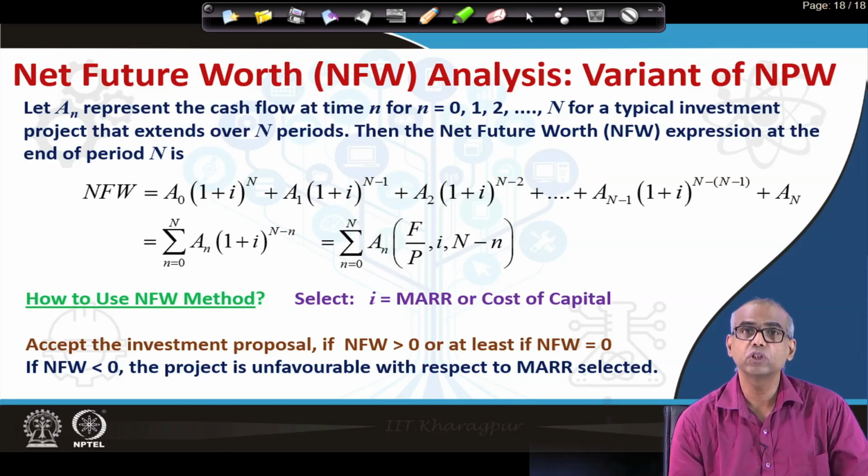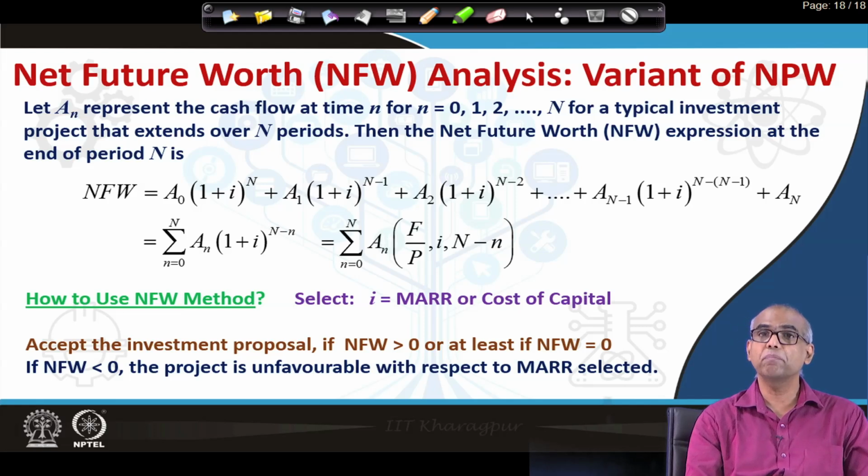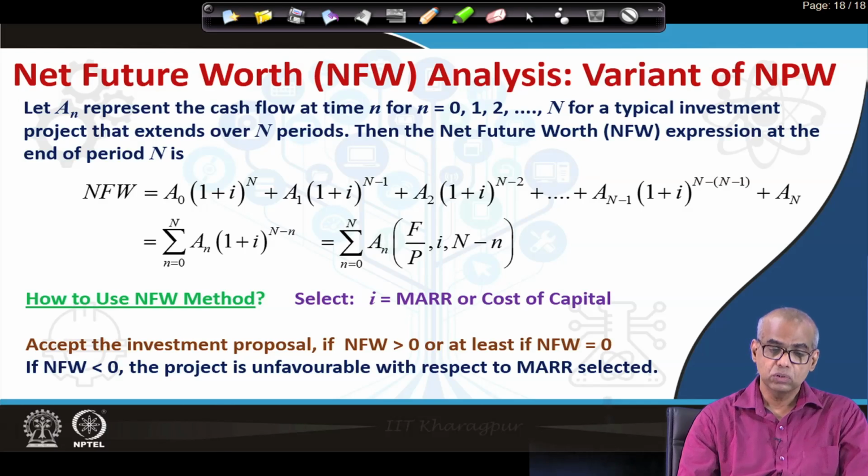But if net future worth is less than 0, the project is unfavorable with respect to the rate of return selected. But while comparing more than one alternative, you will be comparing two different cash flow diagrams corresponding to, say, two different business or investment proposals.